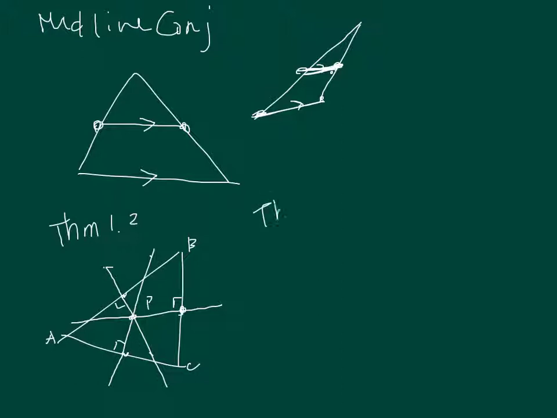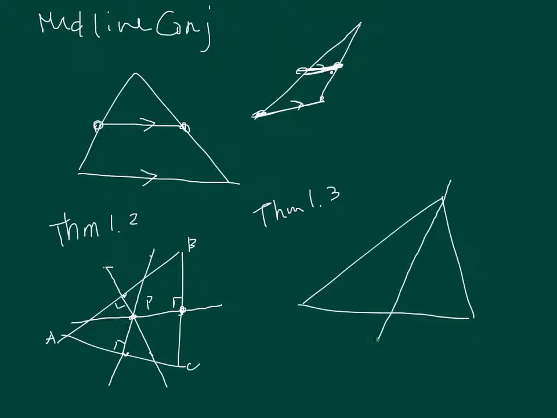Theorem 1.3 is the angle bisector theorem. If you take any triangle and bisect the angles, roughly speaking, those are going to be concurrent right there.